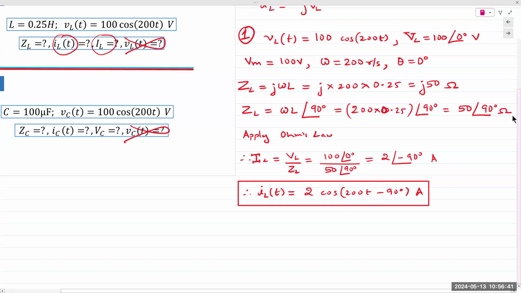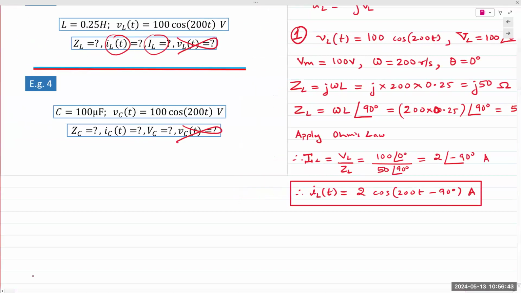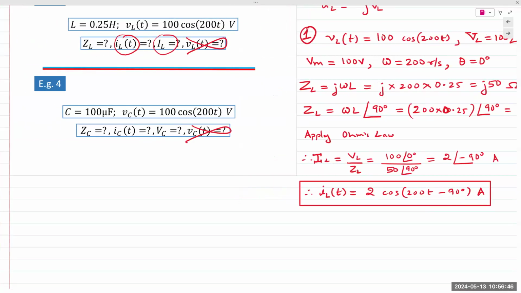Okay, example 4. Go ahead and solve it while I solve it on the screen. ZC is 1 over j omega C, or 1 over omega C with an angle of minus 90. Remember, current for a capacitor is always ahead of the voltage. So theta V minus theta I will always be minus 90 for a capacitor.